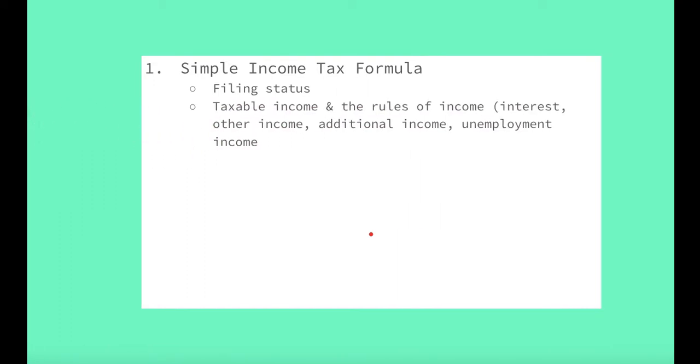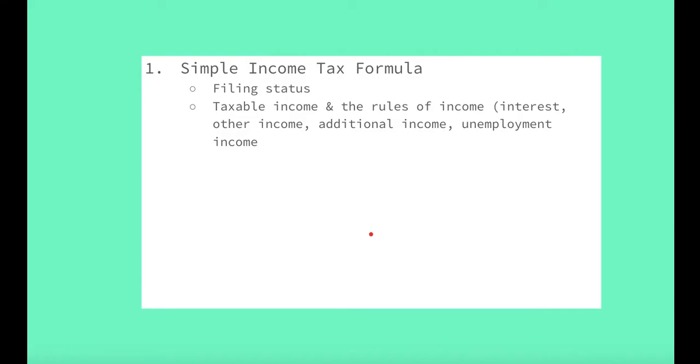But essentially there's single, married filing joint, married filing separate, which is only used in extreme situations, and head of household and qualifying widower, which are usually the same. Or qualifying widower is the same as married filing joint. Most people fall under single or married filing joint.